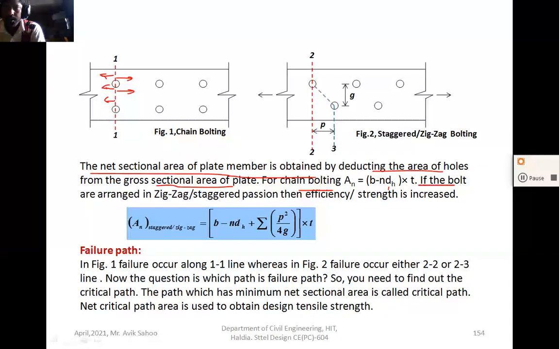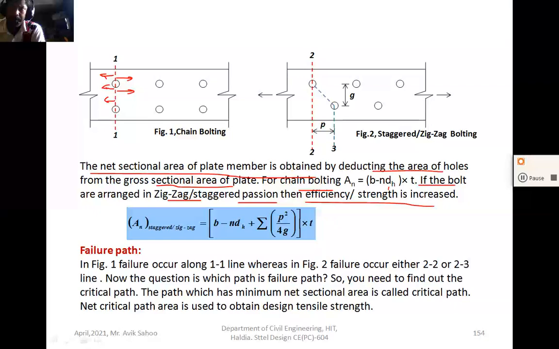Next, if the bolts are arranged in a zigzag or staggered fashion, then the efficiency or strength is increased. So you see that the connections are made using the zigzag bolting pattern.